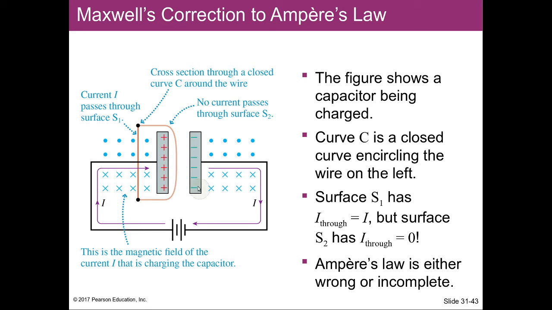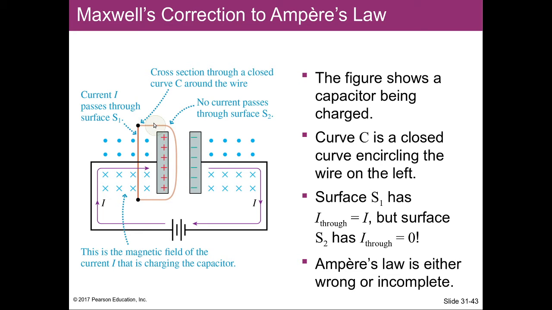But as the capacitor is charging, at least for a brief moment, clearly there has to be a current flowing to get the charge onto the capacitor, and so there's a current flowing through S1, but there's nothing, no physical current going through S2.